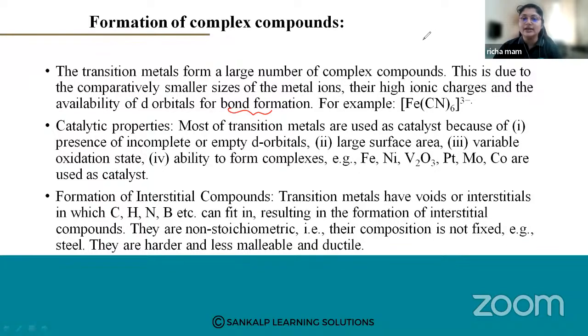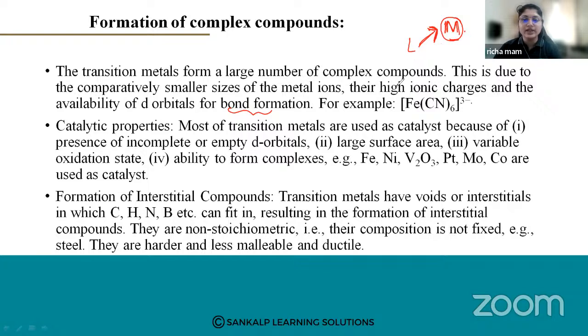The ligands donate a pair of electrons, and the central metal's d orbitals, for transition metals, are empty, so they can accept it. Thus it forms a stable complex ion.